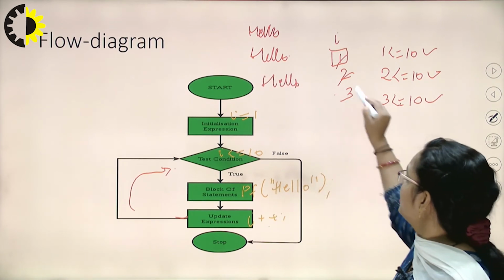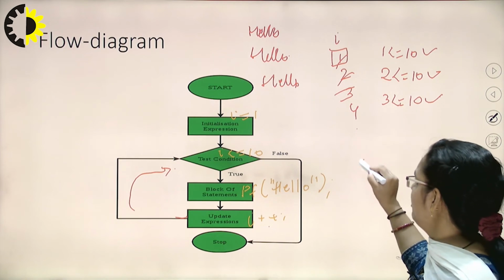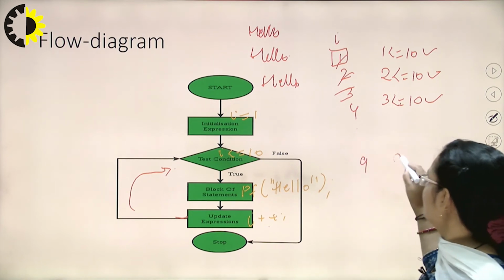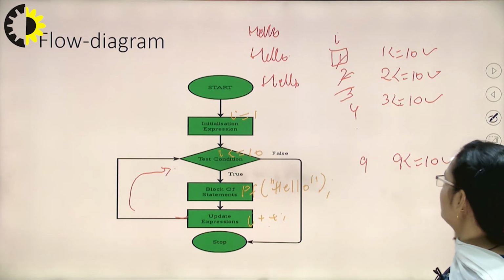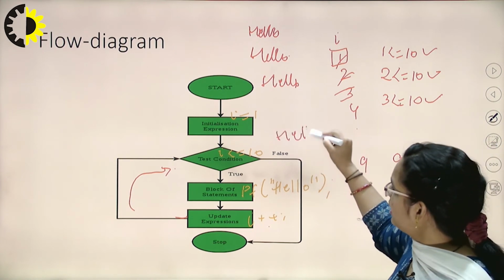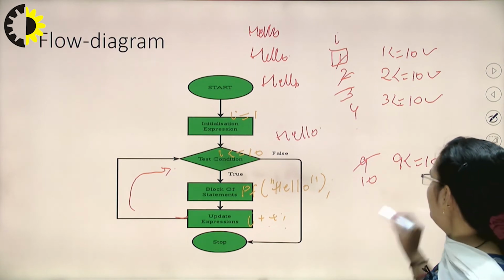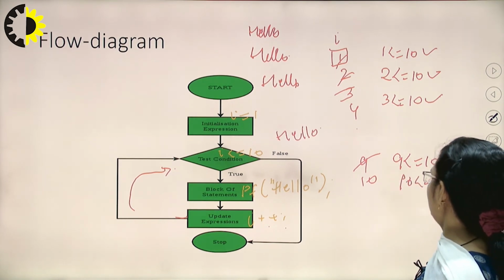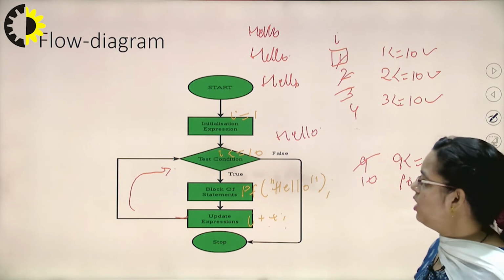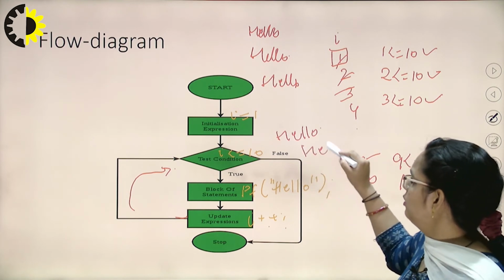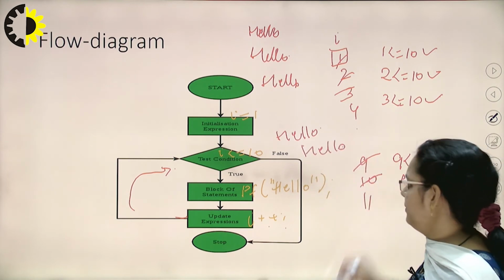And similarly I equals to 4, 5, 6. The moment I becomes 9, the condition is checked, 9 is less than equals to 10, the condition is true, hello is printed the 9th time, and with I plus plus I would become 10. Then again 10 is less than equals to 10, the compiler says the condition is true, and it would print hello the 10th time, and I would become 11.